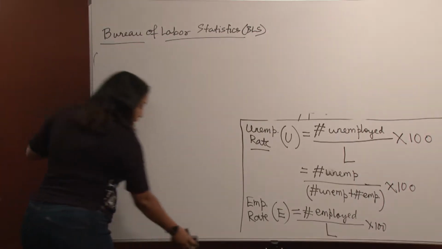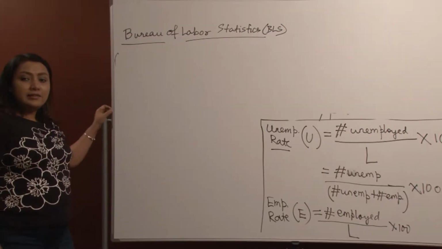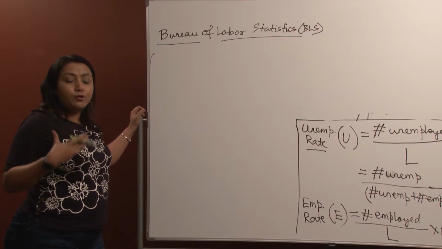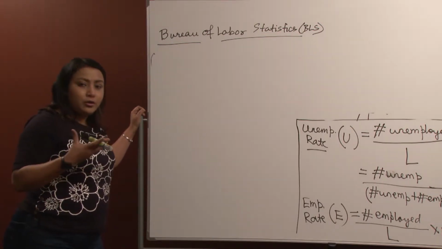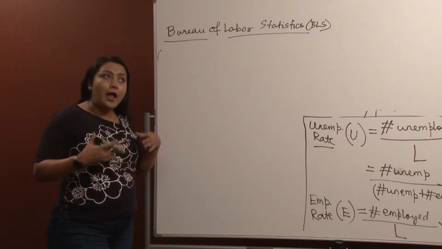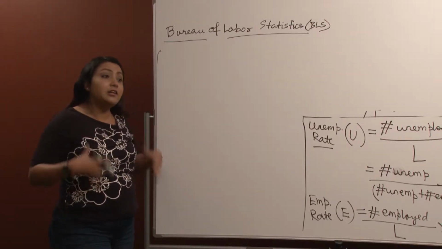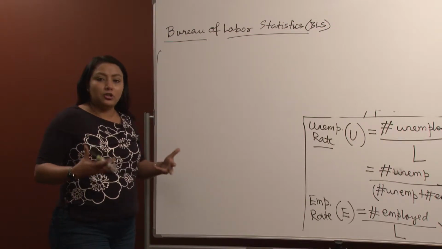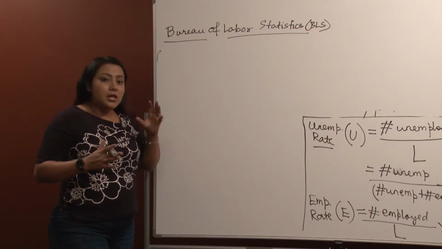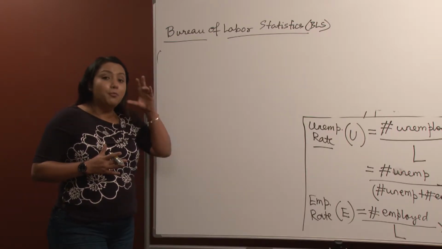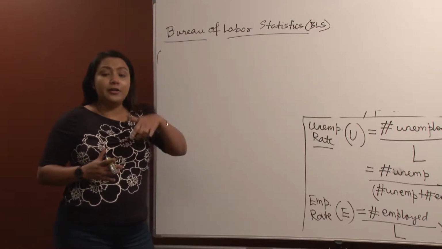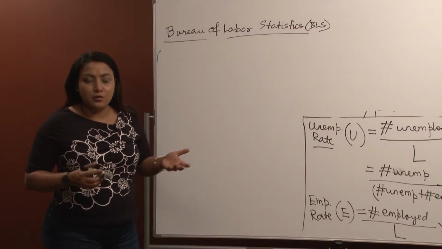It basically tells you what proportion of your total population is actually contributing to the production process of the country, or has the potential or desire to contribute to the production ability of the country. So, that is what labor force participation rate tells you. It is the proportion of your total population that could contribute or is currently contributing to the productive process of the country.